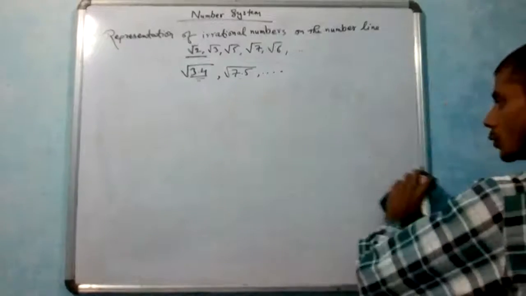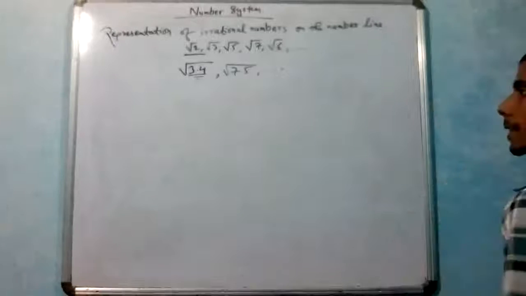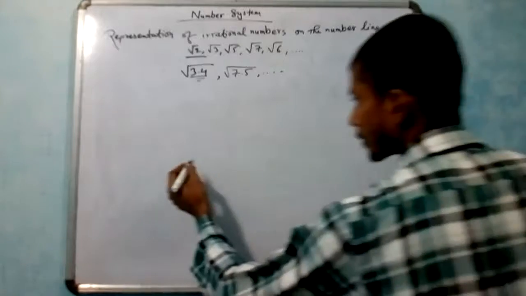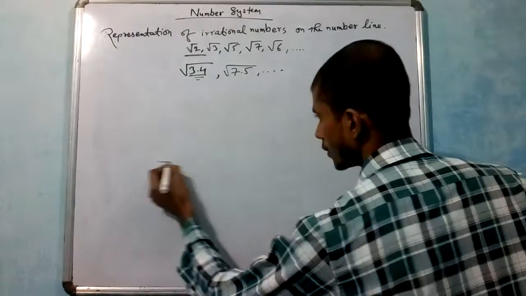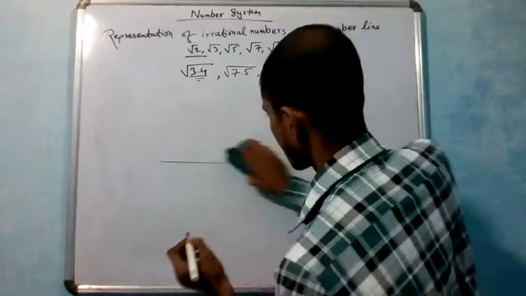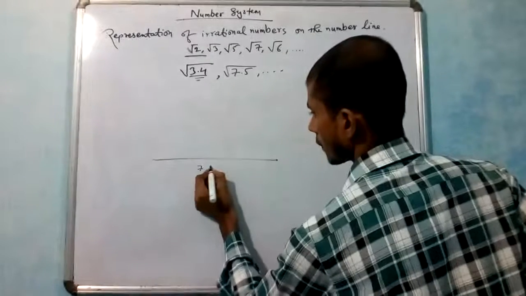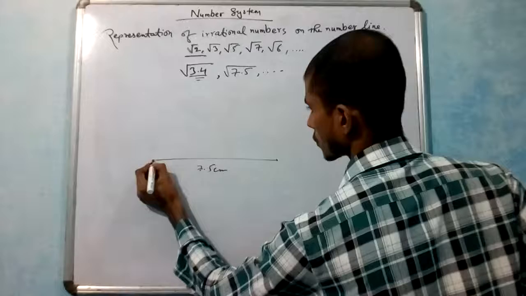So for root of 7.5, what we can do? Can you explain to me? Okay, take 7.5 centimeter. I am taking 7.5 centimeter. Wait. 7.5 centimeter I took.